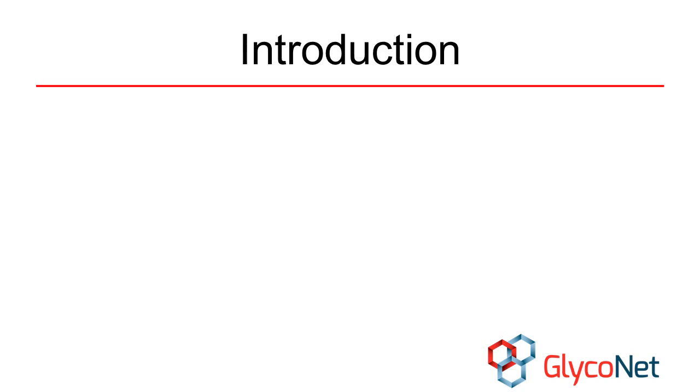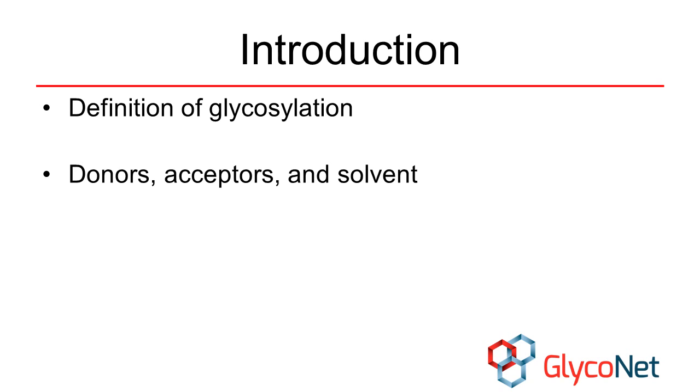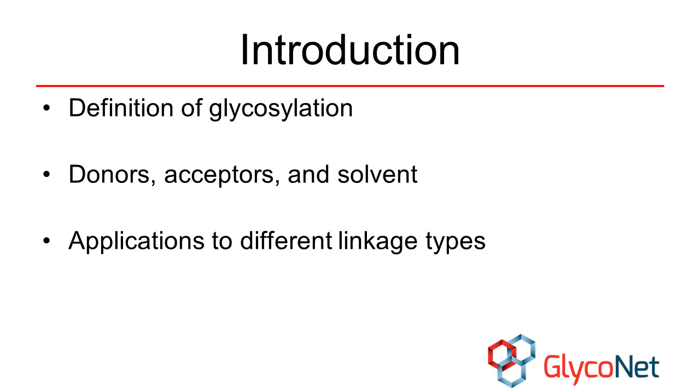In this module, we will discuss how to attach sugars to other molecules chemically. The topics we will address include a definition of glycosylation, followed by a discussion of the role of each component in a glycosylation reaction, with a particular emphasis on donors and the factors that influence their reactivity.